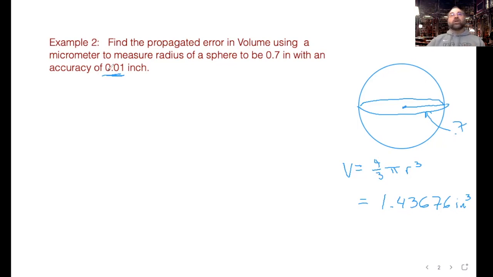Well, what we could do is use a differential to say, here's how accurate we think our volume measure is going to be, because we can find dV in terms of dr, where dr is the differential in the radius. So come back here, 4/3 pi, those are all constants.